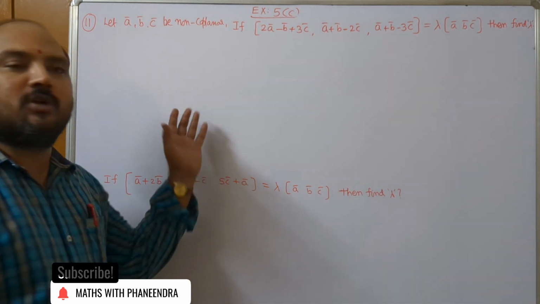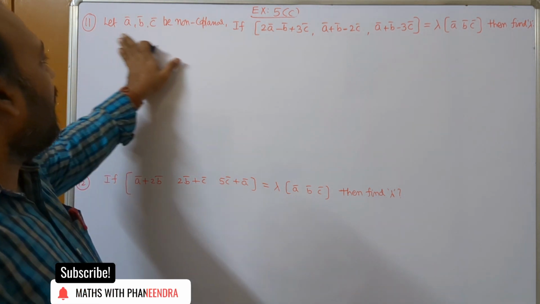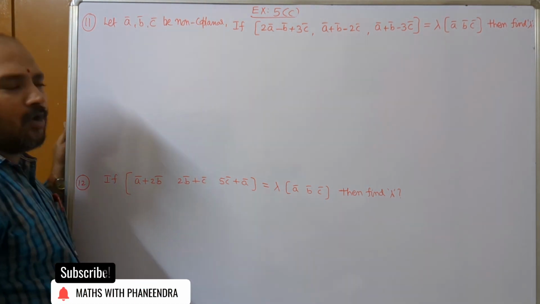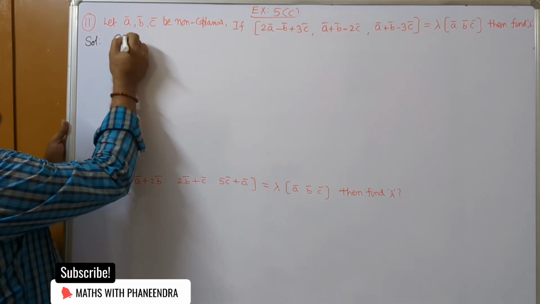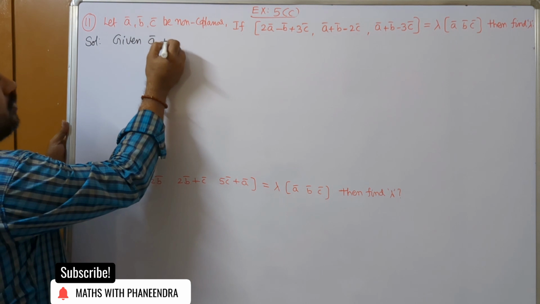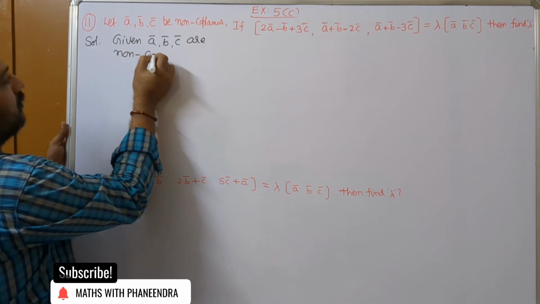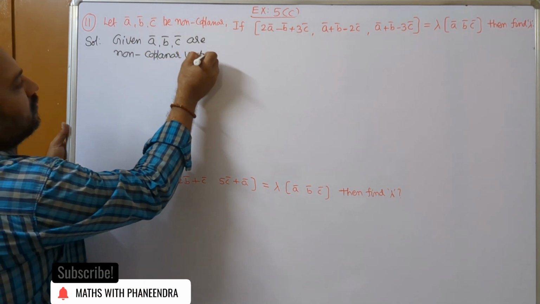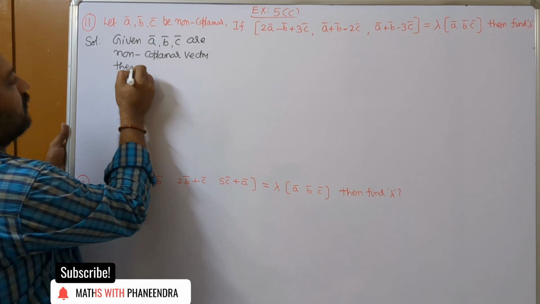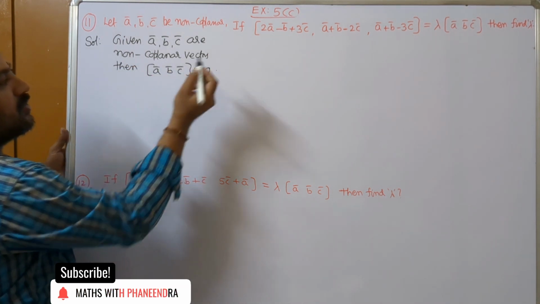So this type of question also they may ask, with A, B, C non-coplanar. So given first, A bar, B bar, C bar are non-coplanar. So then box of A bar, B bar, C bar is not equal to 0.